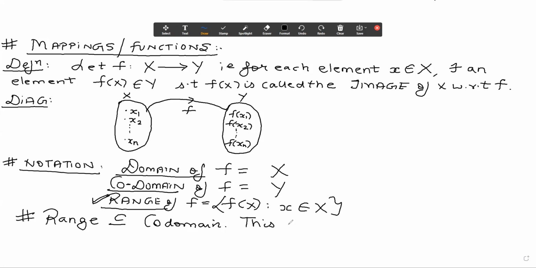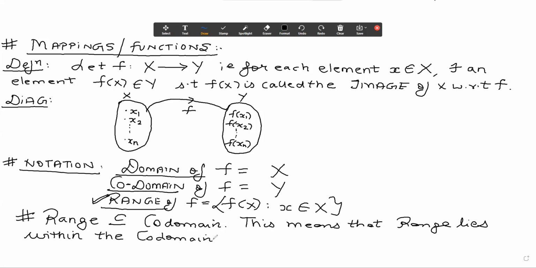This means that range lies within the codomain. Range lies within the codomain. So I hope all students have understood till here, and have also written this in their registers. So now I'm erasing all this off and moving forward.